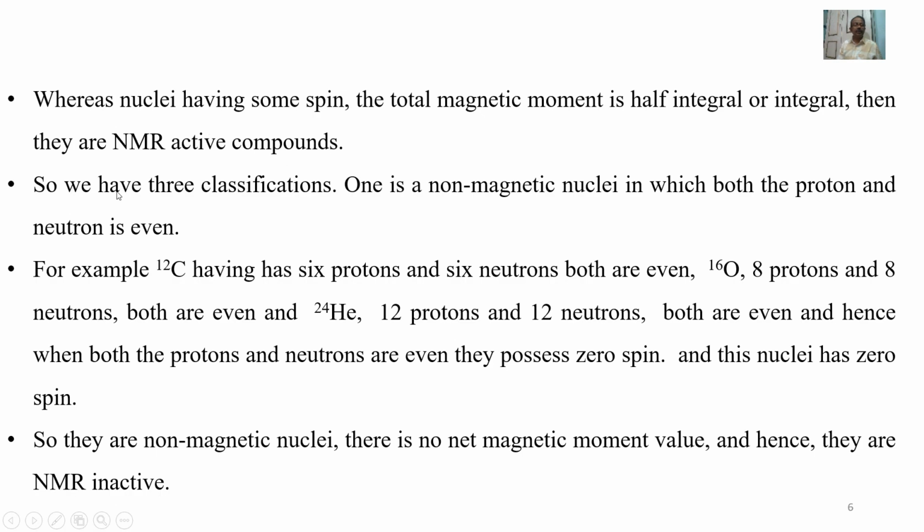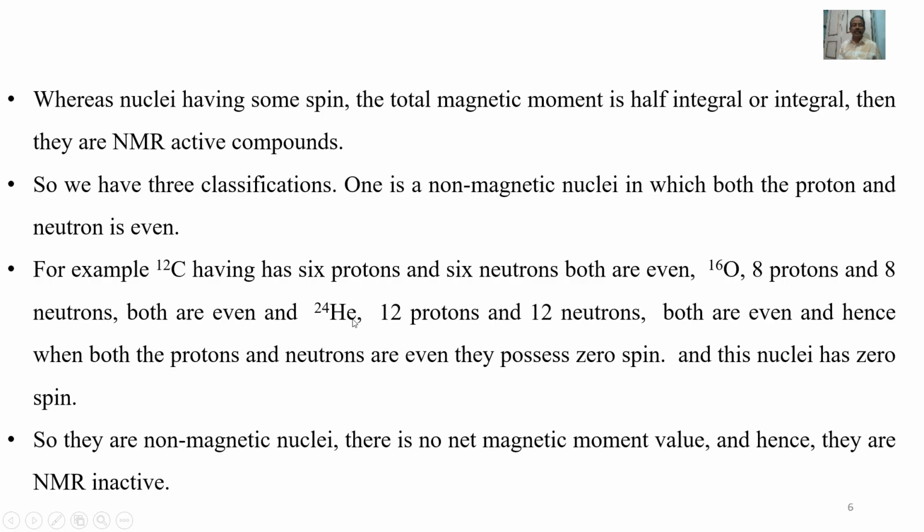So we have three classifications. One is a non-magnetic nuclei in which both the proton and neutron numbers are even. For example, carbon 12 having 6 protons and 6 neutrons, both are even. Oxygen 16, 8 protons and 8 neutrons, both are even.